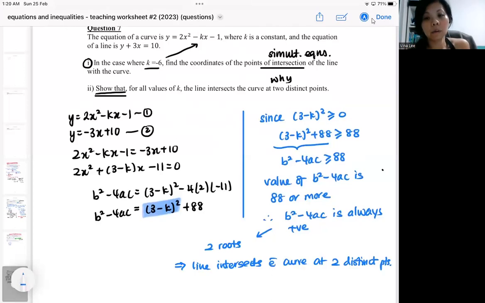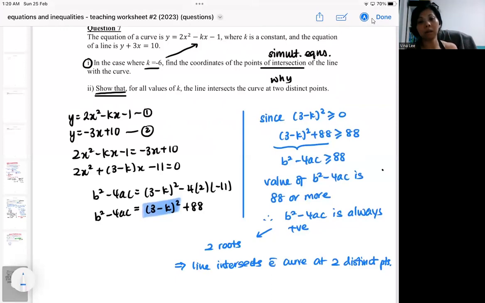Okay, so any showing question in this topic has to be done by getting your discriminant first. Then you use the discriminant to explain, depending on how the discriminant looks. In this case, my discriminant is not just a value. It contains an expression plus 88, an expression together with a value.